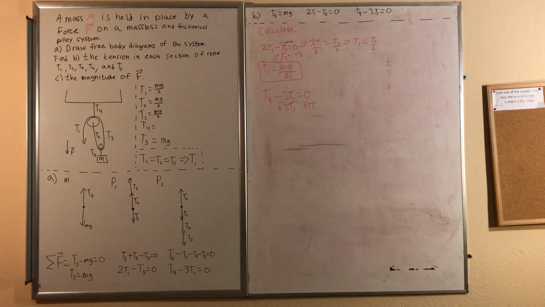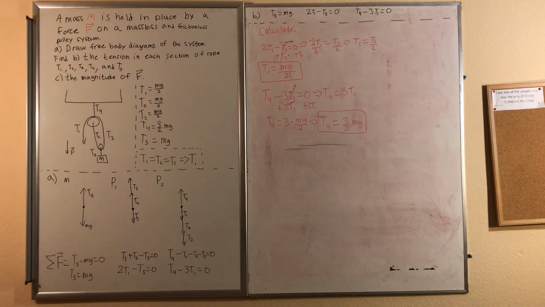Add 3 times T sub 1 to both sides and cancel on the left side to get T sub 4 equals 3 times T sub 1. We know T sub 1, so let's plug in now and get T sub 4 equals 3 times m times g divided by 2. So T sub 4 equals 3 halves times m times g. Let's write that in for T sub 4 now.